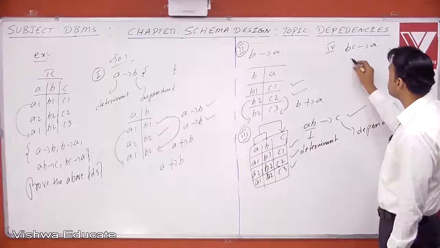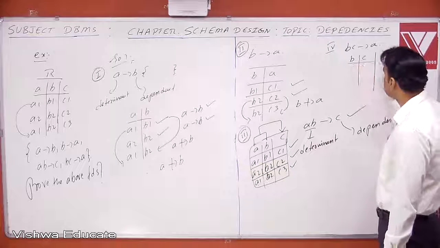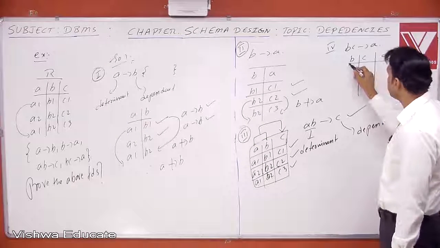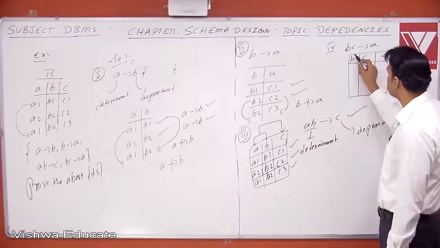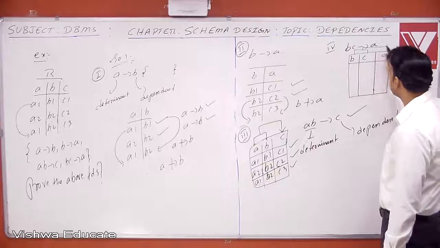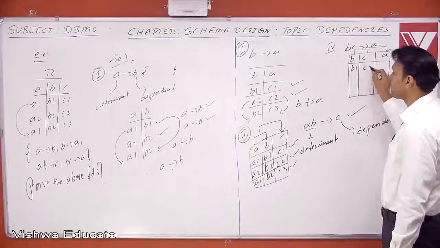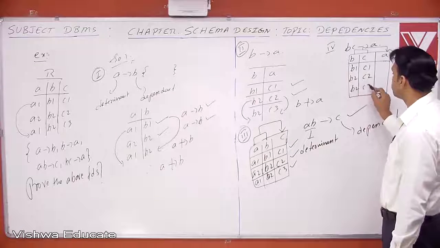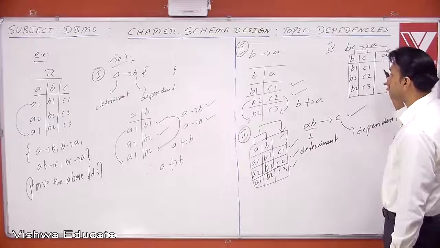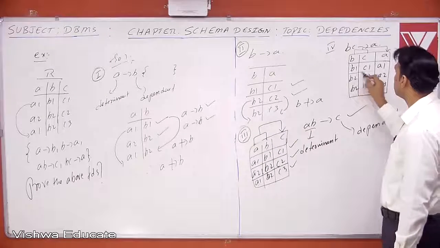So write the BC data and the A data. This time A depends upon BC. So what is the BC data? B1 C1, B2 C2, B2 C3. So what is the A data? A1, A2, A1.